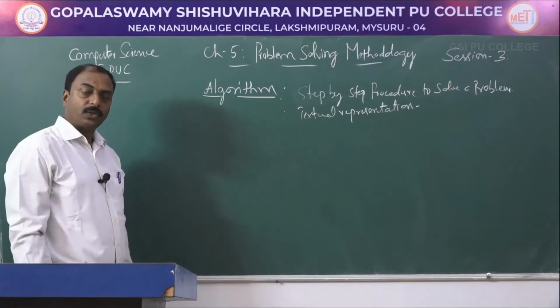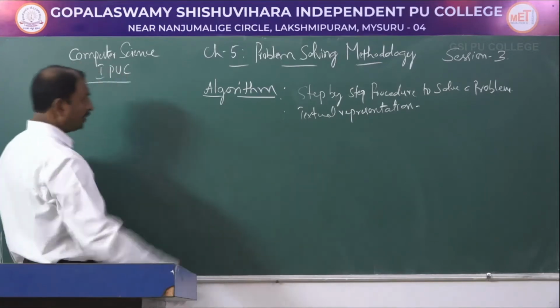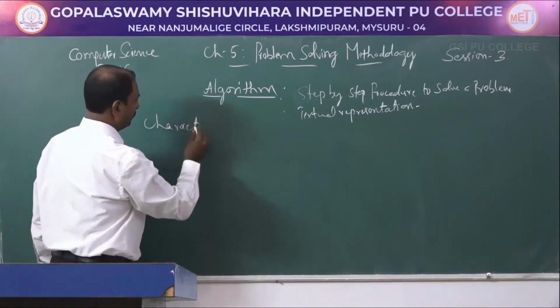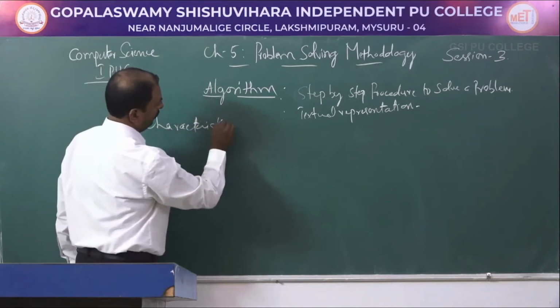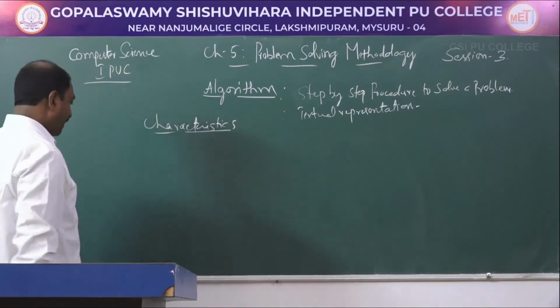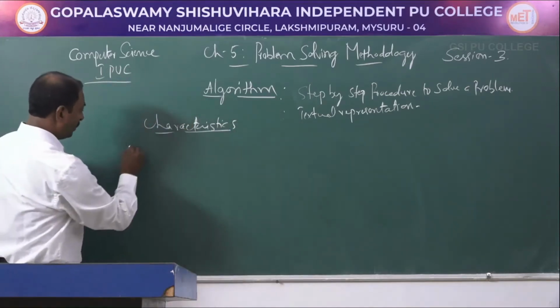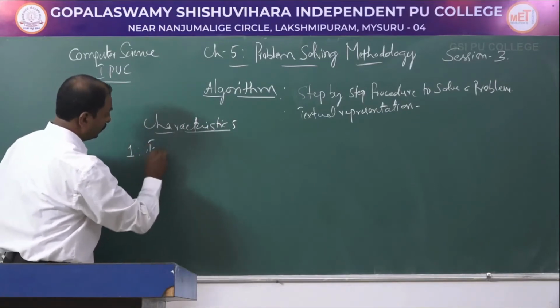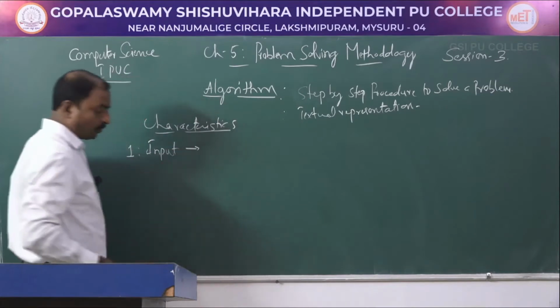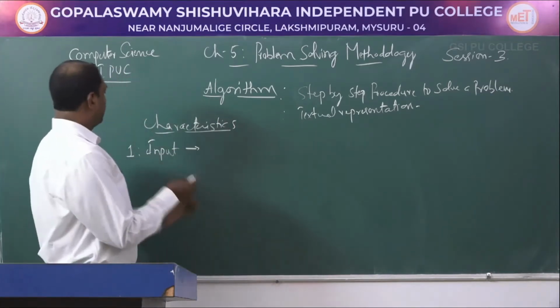What are the characteristics of algorithms? There are 5 characteristics of an algorithm. The first one is input. So what is the meaning of input here?